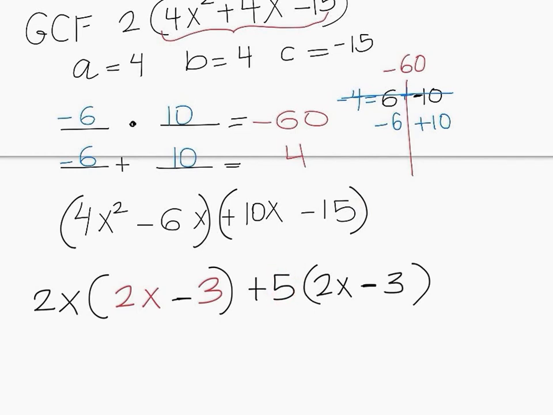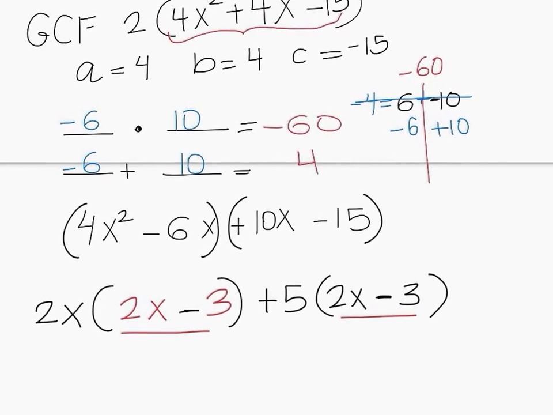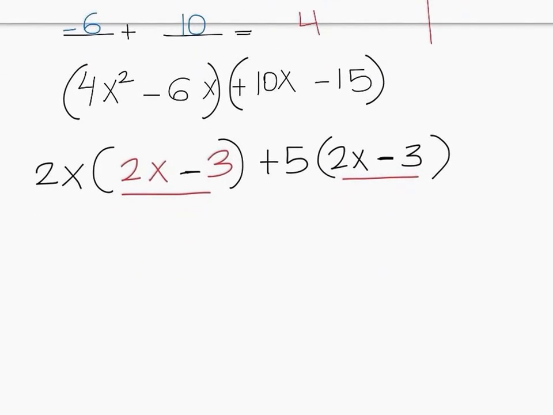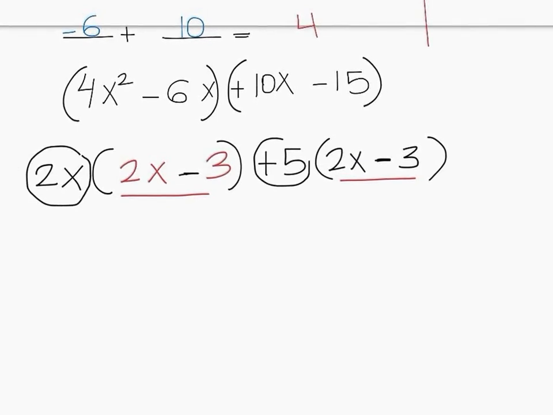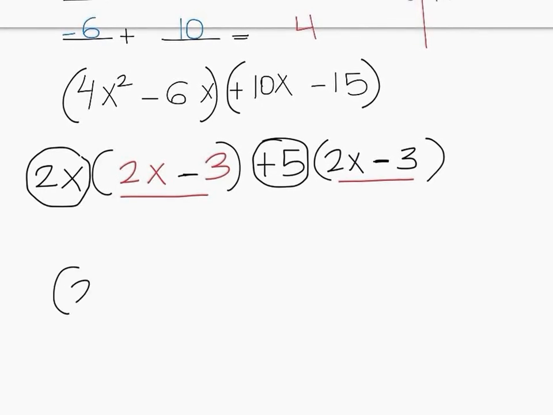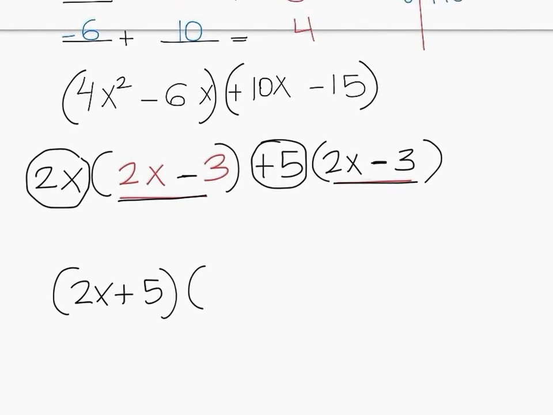Now let's check. This and this binomial, they are exactly the same. So that means I have taken the GCF correctly. Now, I still have one more step, which is to take the GCF, 2x plus 5, as one of your factors, and then the common factor over here, which is 2x minus 3, will be your second factor.